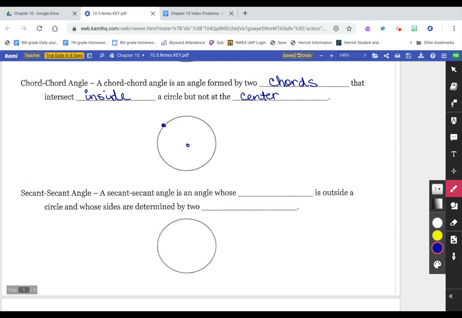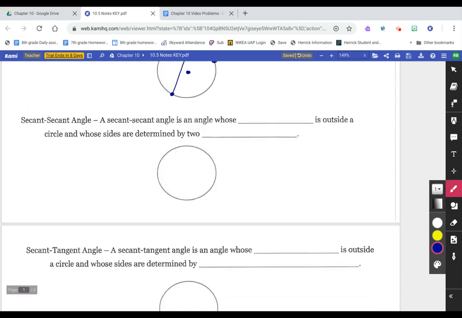So if this is the center of the circle, let's have this chord go from here to here, and another chord go from here to there, okay? And so the chord-chord angle would be right here. I mean, there's four of them technically.